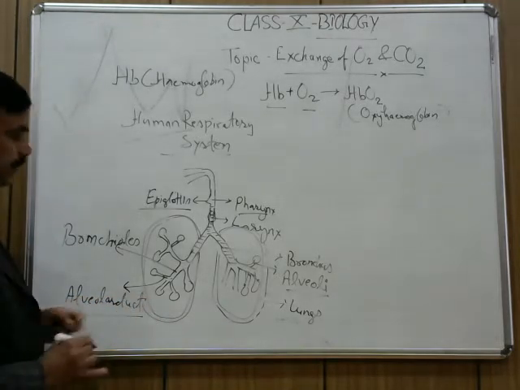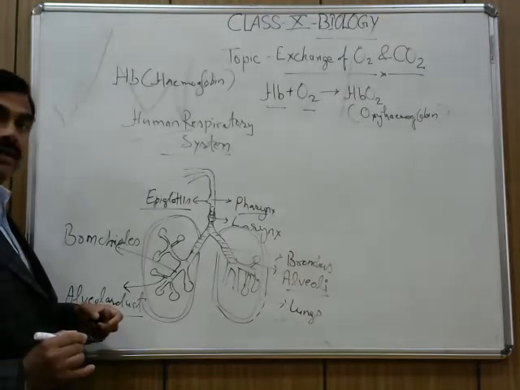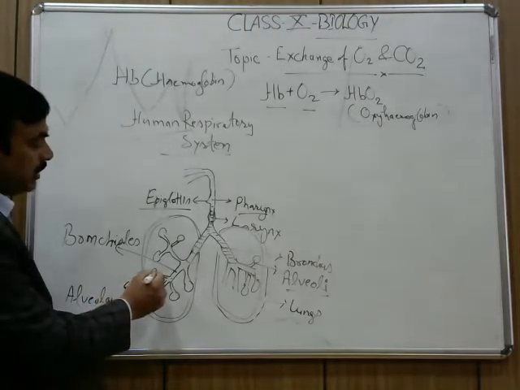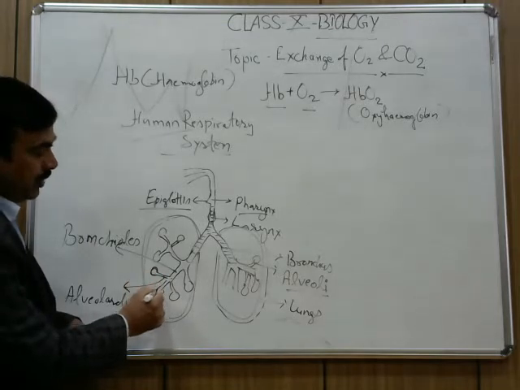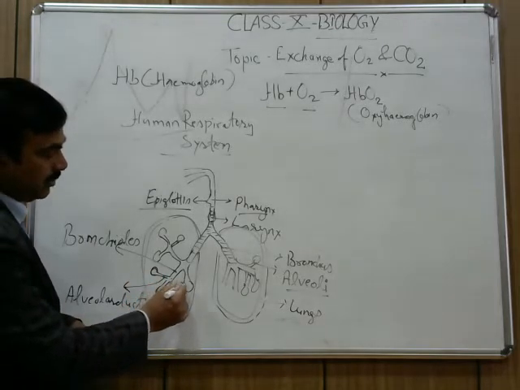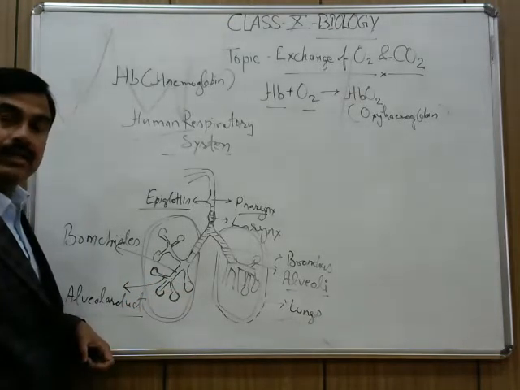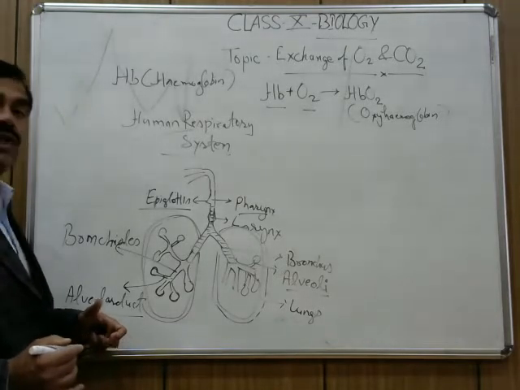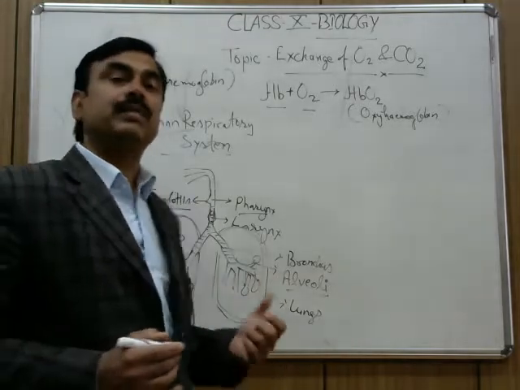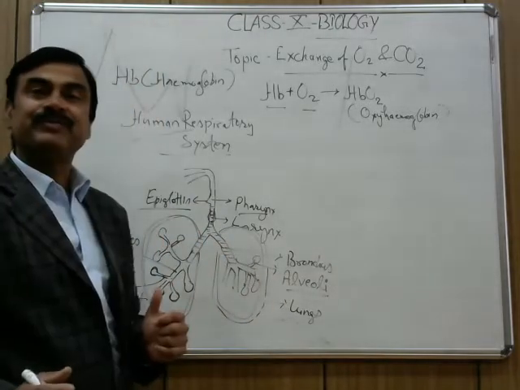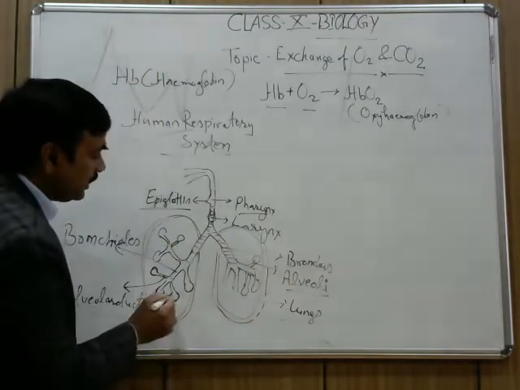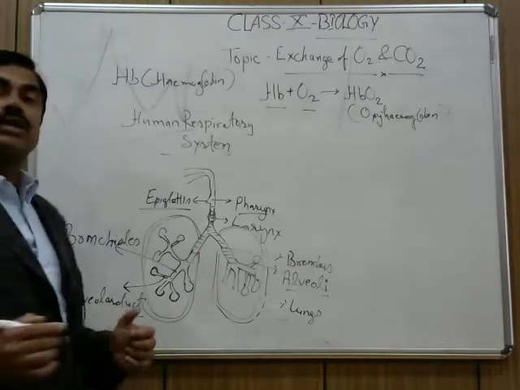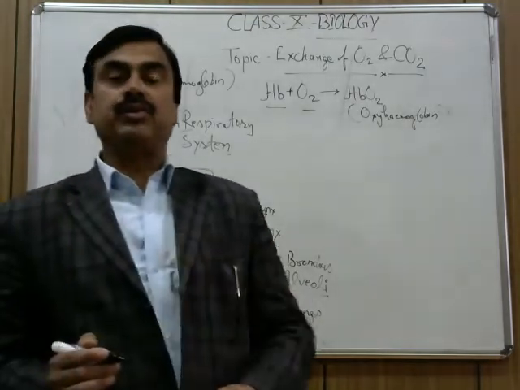This alveolar duct ends in a balloon-like structure. You can see millions of balloons. There are a huge, humongous number of balloons present in our lungs. So these are the units of exchange of O2 and CO2.